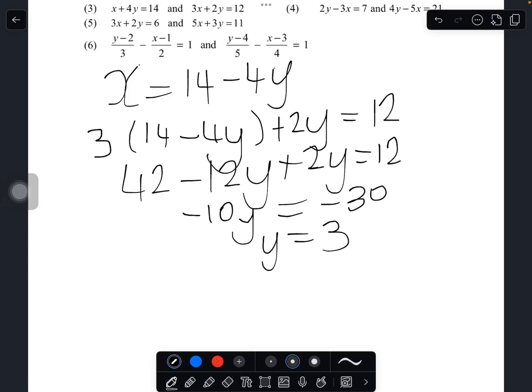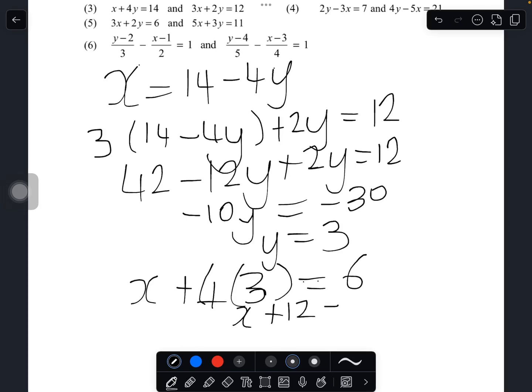So now I just take the same y value, put it into one of the equations. I get x plus 4 into 3, and then that's going to equal 6. So I have x plus 12 equals 6.